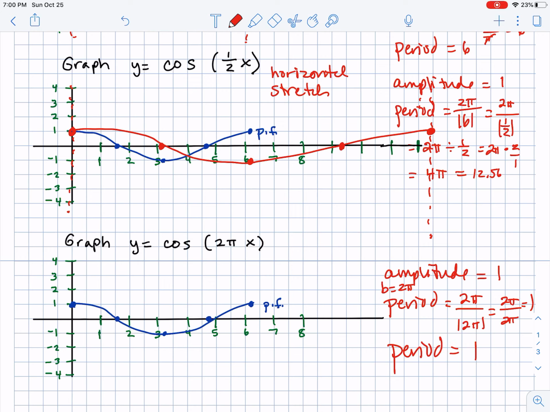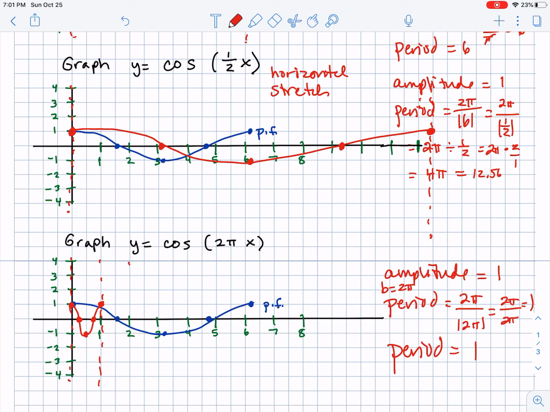That means between 0 and 1, I should see an entire cosine function. So I'm going to draw my maximums, halfway, my minimum, and between my maximum and my minimum, it's going to cross the x-axis. That is one period, one cycle of y equals cosine of 2 pi x.